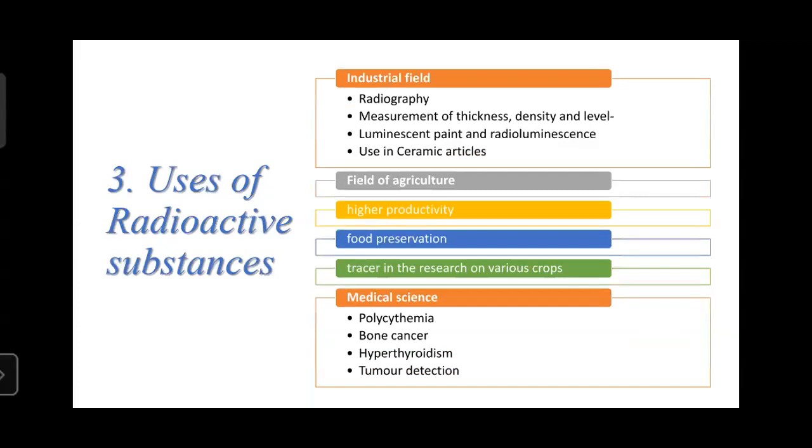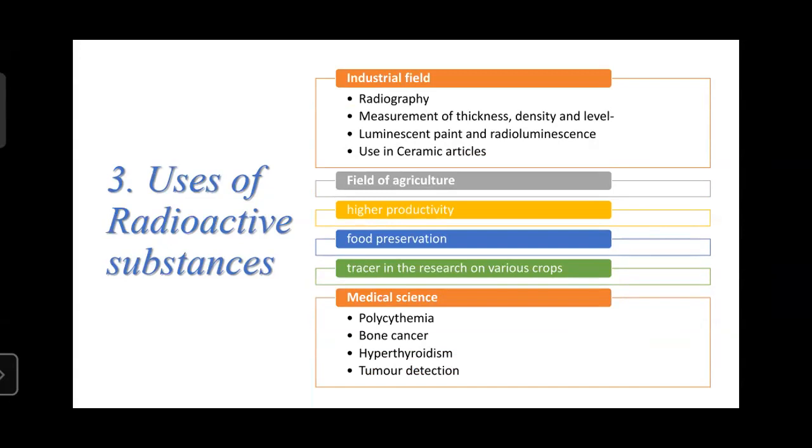Radioactive substances are used in three fields. First is the industrial field, then the agricultural field, and the medical field. In the industrial field, it is used in radiography, measurement of thickness, density, and level. Also, luminescent paint and radioluminescence are used in ceramic articles.